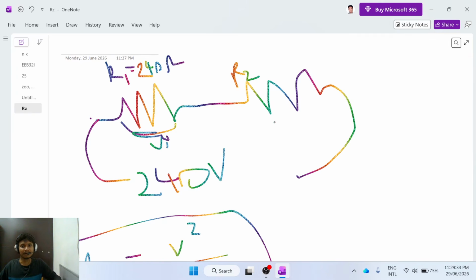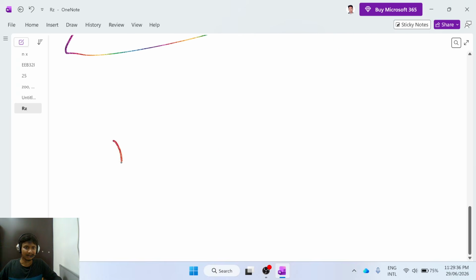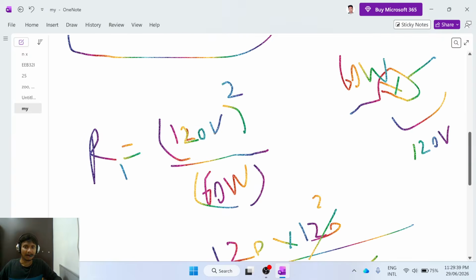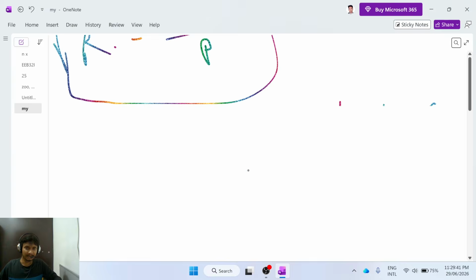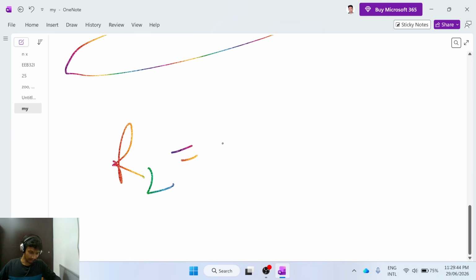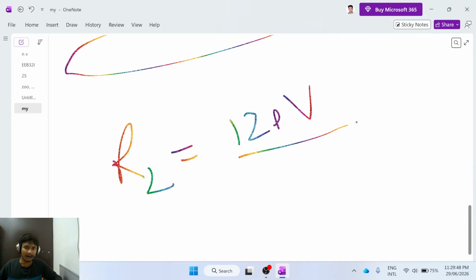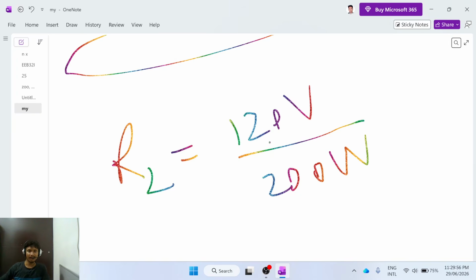Now we have to find R2. In the same way, R2 is equal to V square by P. The voltage is the same, 120 volt, but the power is 200 watt. We only substitute their given data, we didn't get it from any equation.